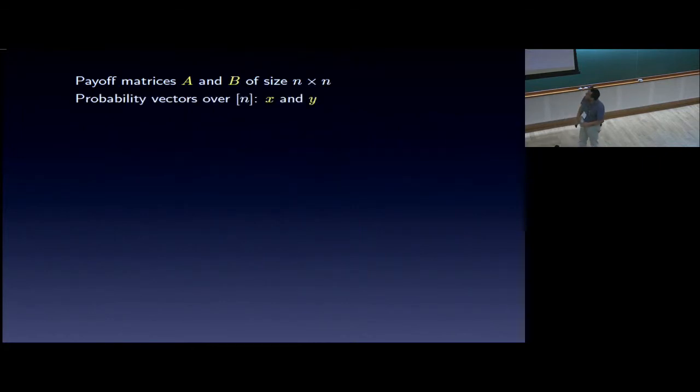And as I mentioned before, equilibria represent probability distributions via which the players pick an action. So throughout, I'll use X to denote the probability distribution via which the first player picks an action. So X is a distribution on the rows, the actions of the first player, and Y is a distribution on the columns of these two matrices.